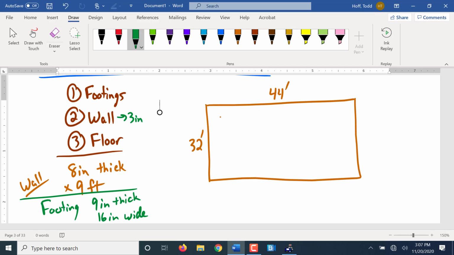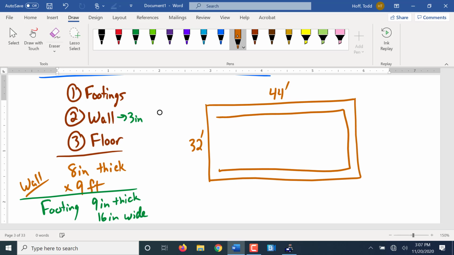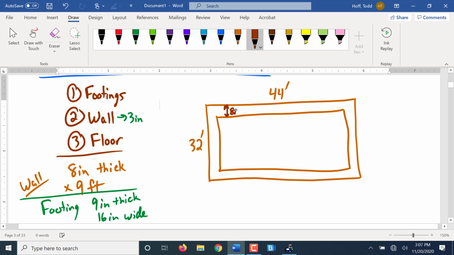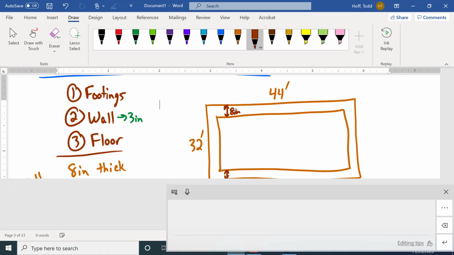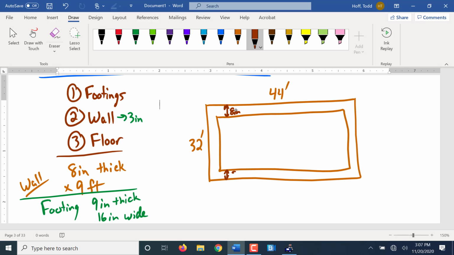well, let's do this. We'll draw on our wall here quick. Now, if this is 8 inches, and this is 8 inches, we've lost a total of 16 inches off of that dimension to get to the inside, right?